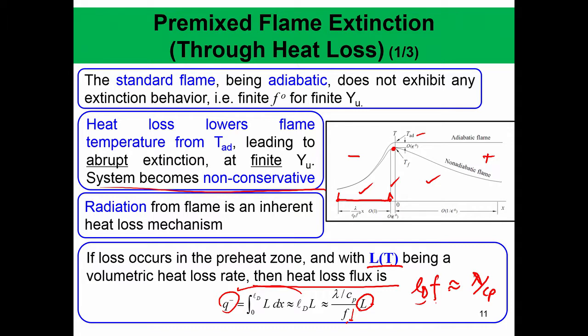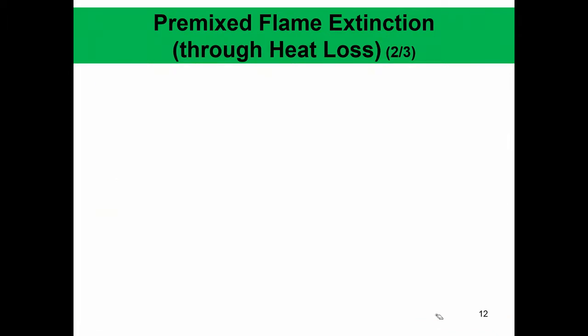It of course directly affects the heat loss, but then the feedback mechanism goes back and reduces F further, and that is the reason why you have rapid extinction when you have some amount of heat loss. So from that we can expect that if there is an epsilon order of change in temperature, there will actually be an order of 1 change in burning flux. That is the reason we will see that also.